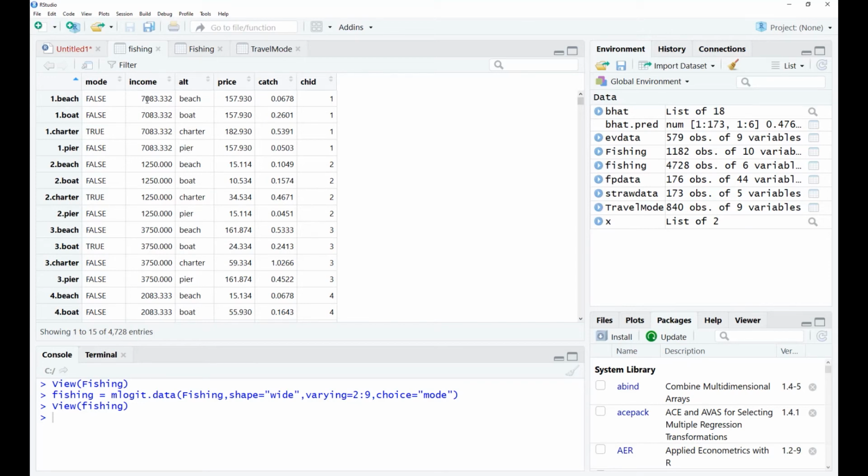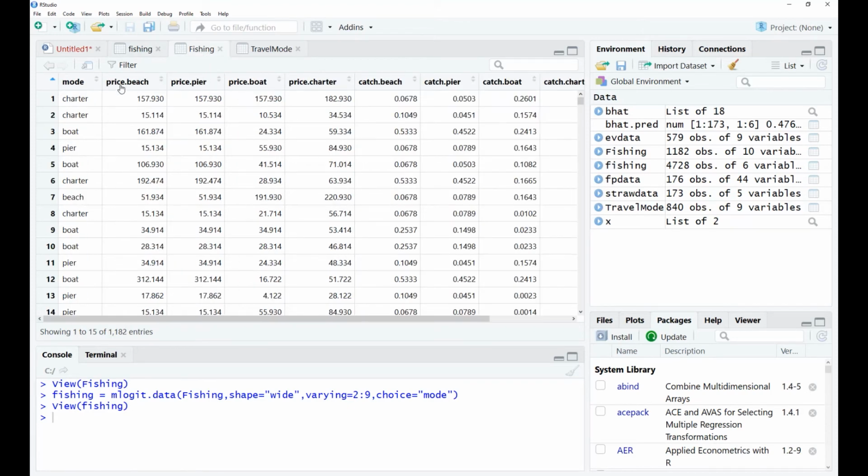And here we have the income, which is individual specific, and the price and the catch are alternative specific. Note that the fact that R can transform the data in such a way to know that price and catch are alternative specific is because we had a very strict rule to describe those variables. Okay.